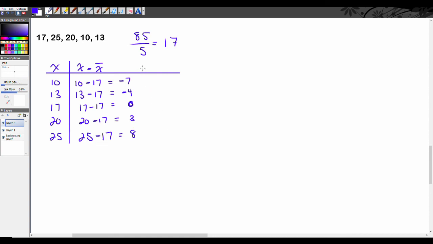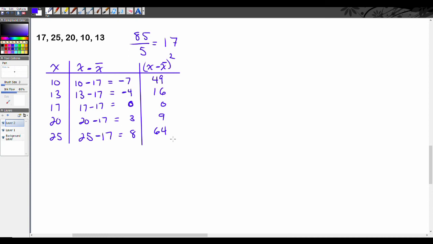Our next step is to get the squared deviations. So we take our answers from this column and square them. Negative 7 squared is 49. Negative 4 squared is 16. 0 squared is 0. 3 squared is 9. And 8 squared is 64. Once we've done that, we want to get the mean again for these new numbers.